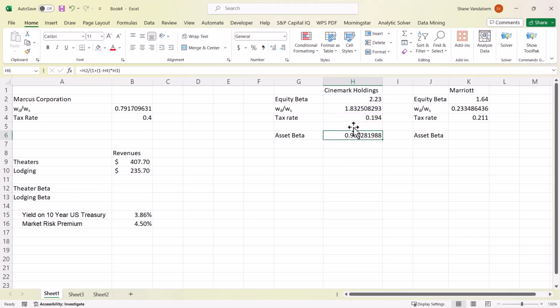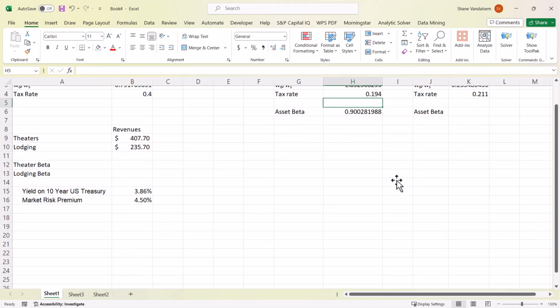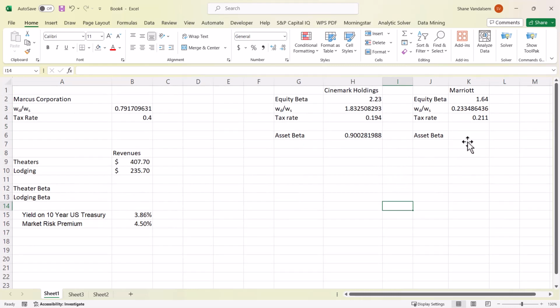And we get an asset beta of 0.90. So you see the beta came down quite a bit because we unlevered it. Again, the reason why that beta is so high for Cinemark is because they have a lot of debt.